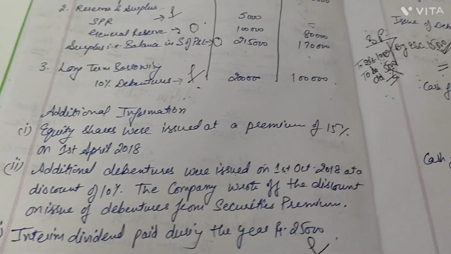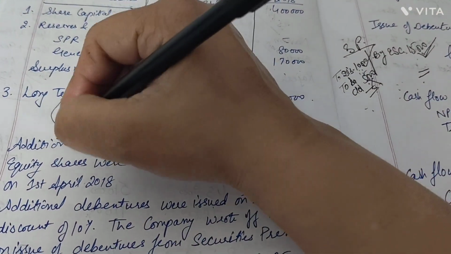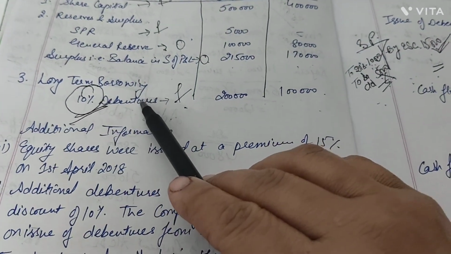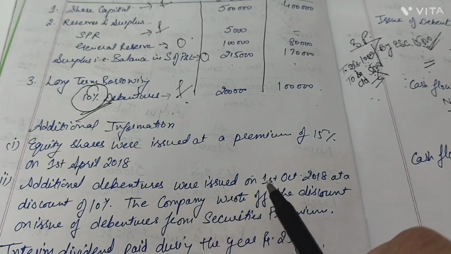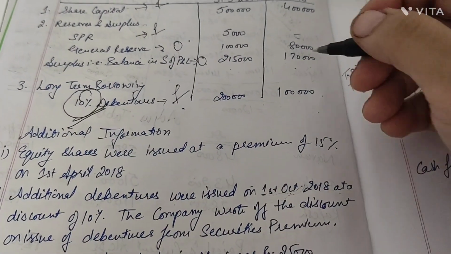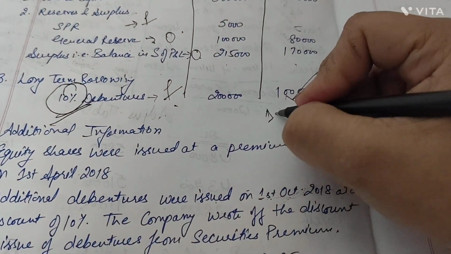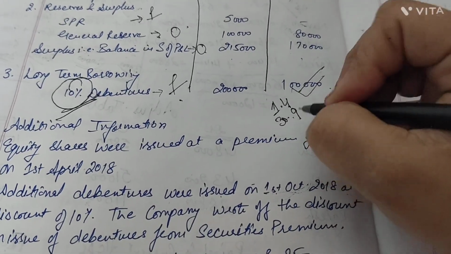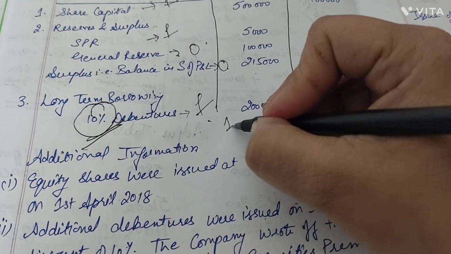The rest of the question is done except one point. The point here is the 10% debentures. The point pending is interest on debentures. Now to calculate the interest on debentures, it's given that additional debentures were issued on 1st of October. That means the original debentures were there from 1st of April to 30th of September, and on 1st October we issued 1 lakh further.